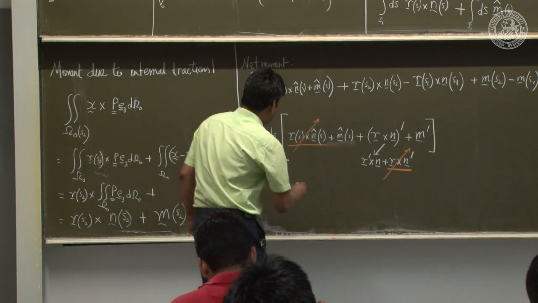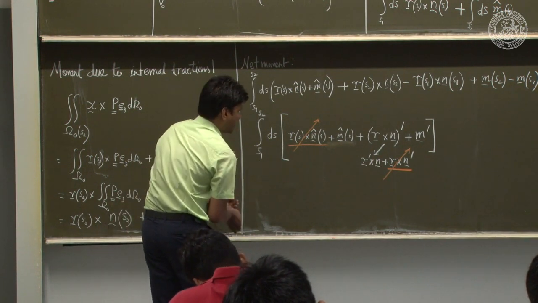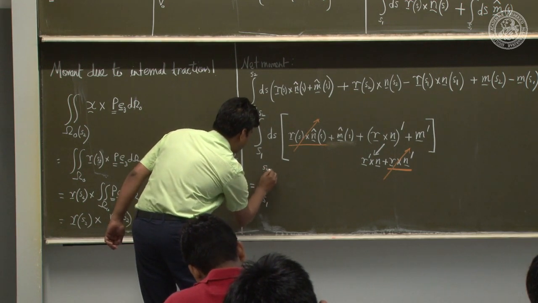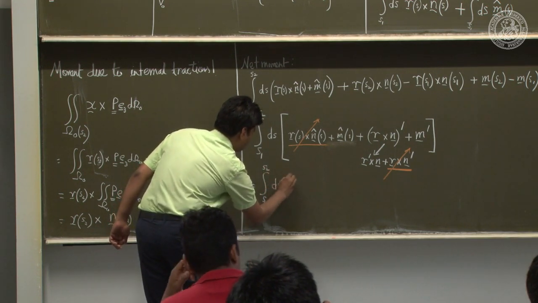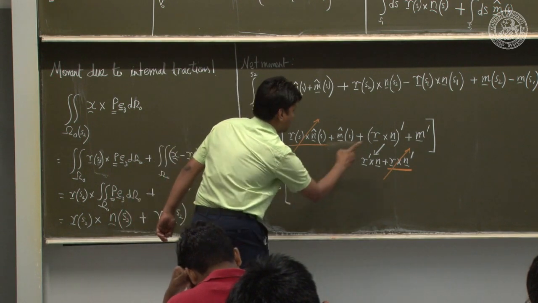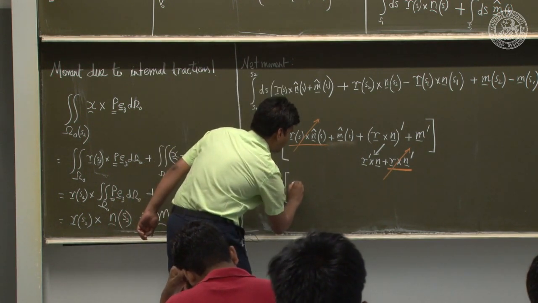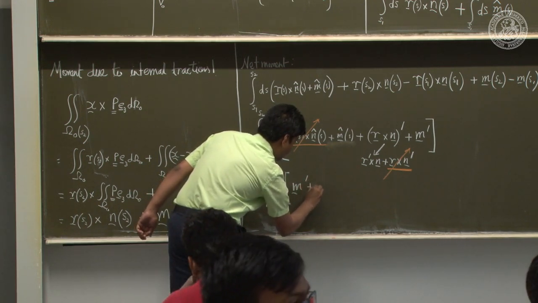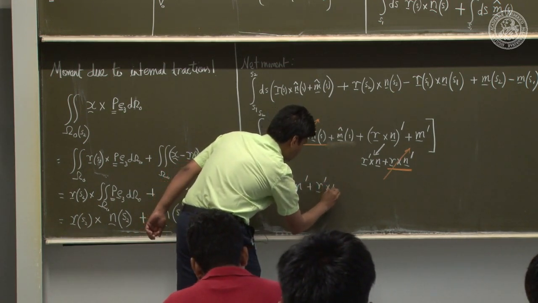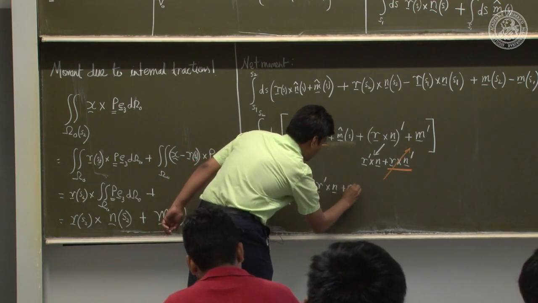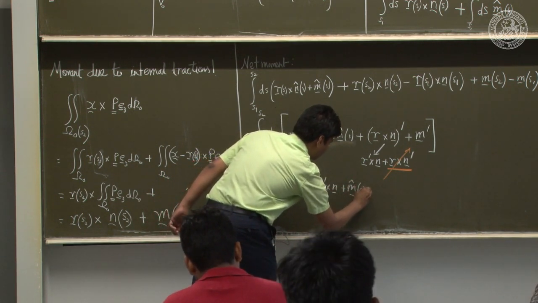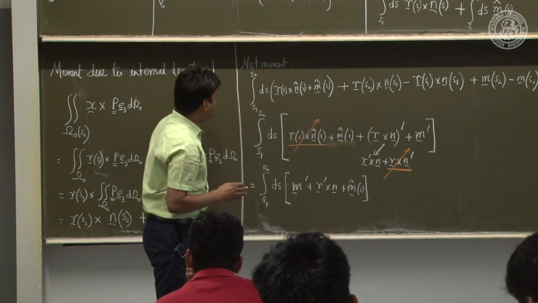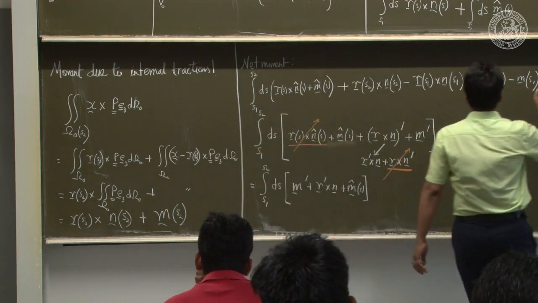So, what remains then is the integral from S1 to S2 of ds, so I will write it as m prime plus r prime cross n plus m hat of S. And since this was the total moment, this has to be equal to 0.